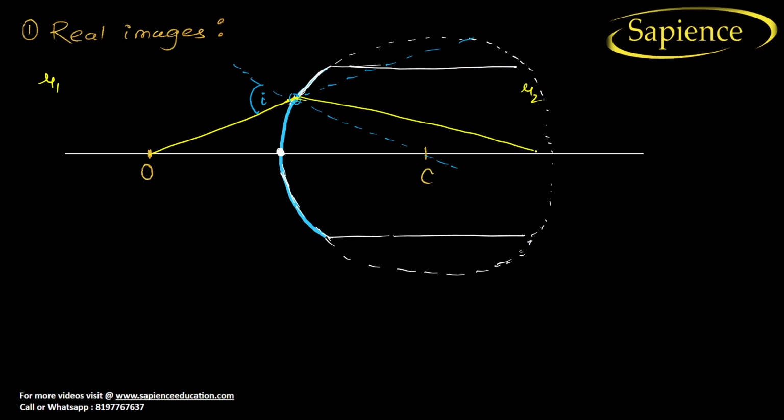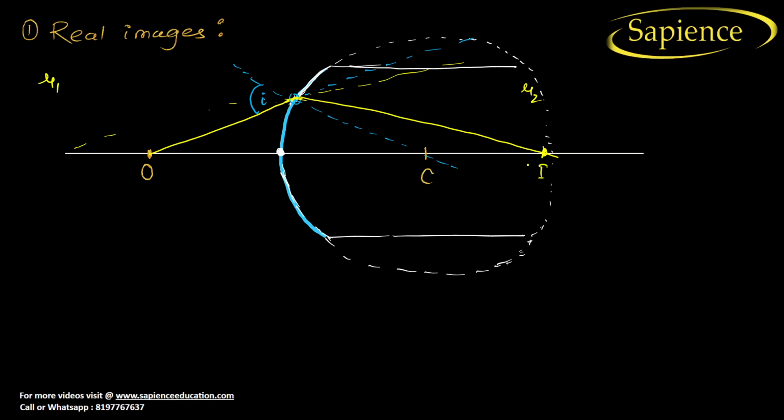You can also think that if the refractive index is very low, it may not bend that much, but for now I am thinking that the light bends in such a way that it intersects at this point. If the refractive index is not sufficient to bend it, it will just move like this and retrace backward, that is, it will create a virtual image. But we are talking here about real image formation.